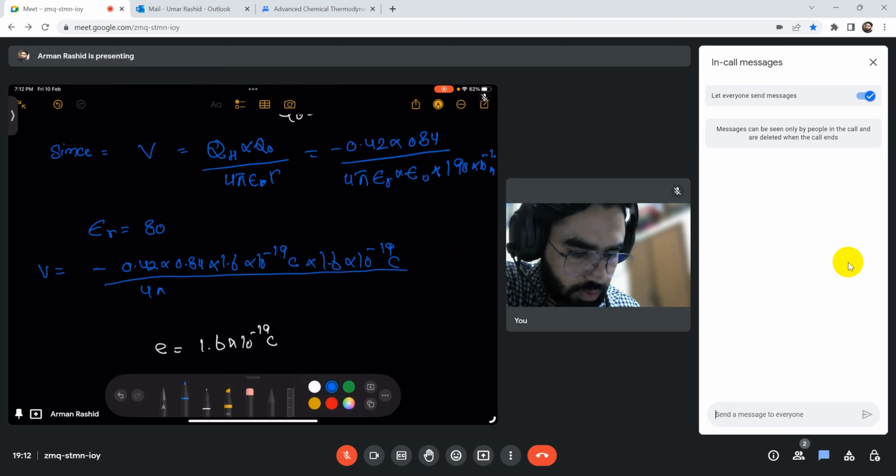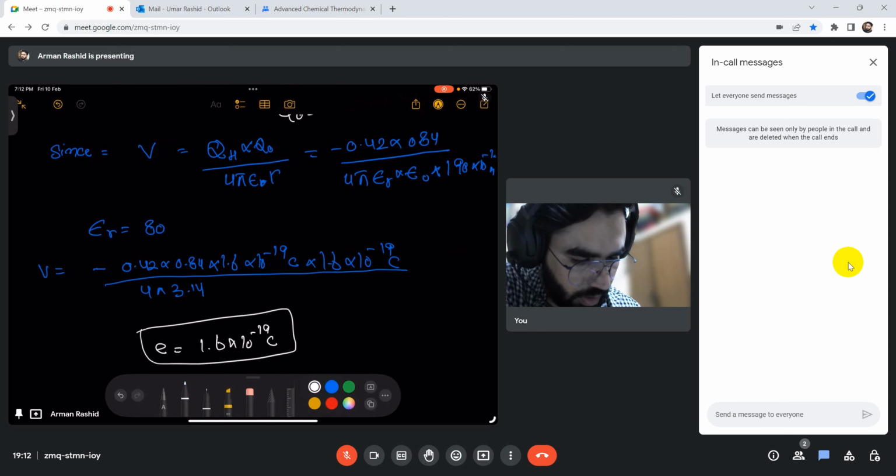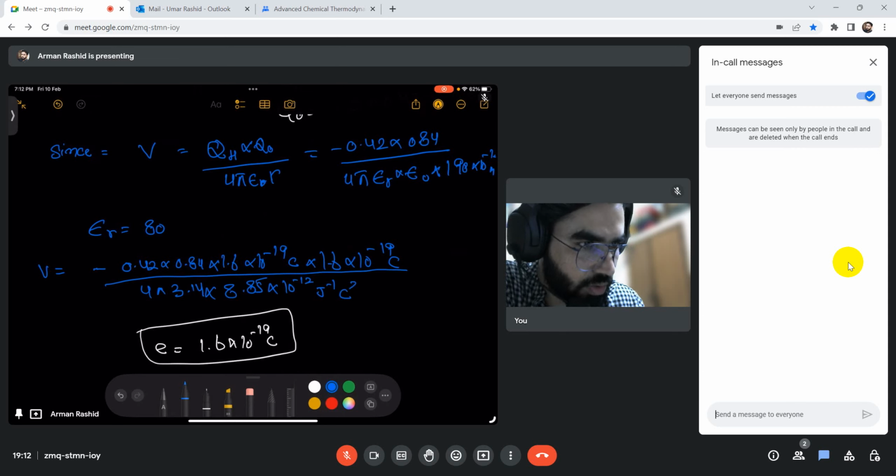Then we have 4 times 3.14, multiplied by 8.85 × 10^-12 per joule coulomb square meter inverse, into 190 × 10^-12 meter, then multiplied by the dielectric constant 80.